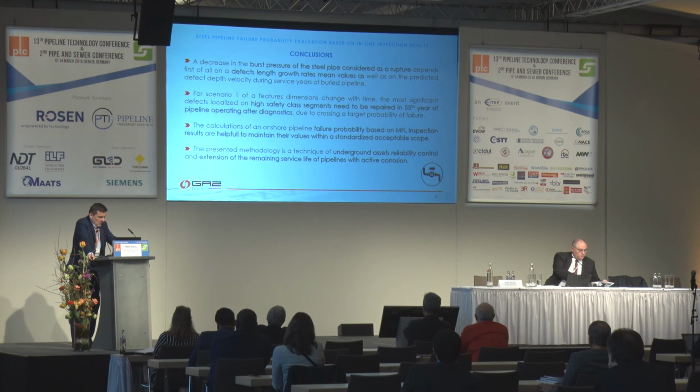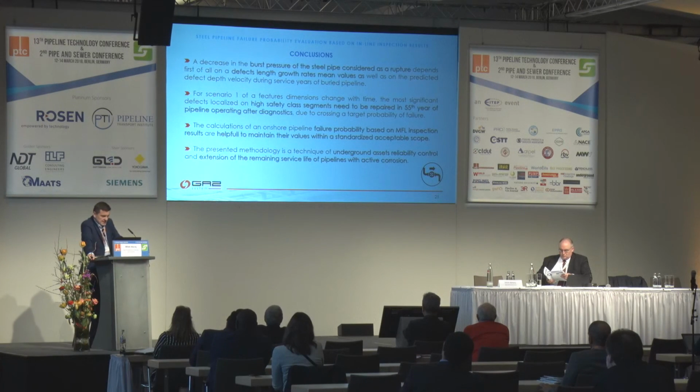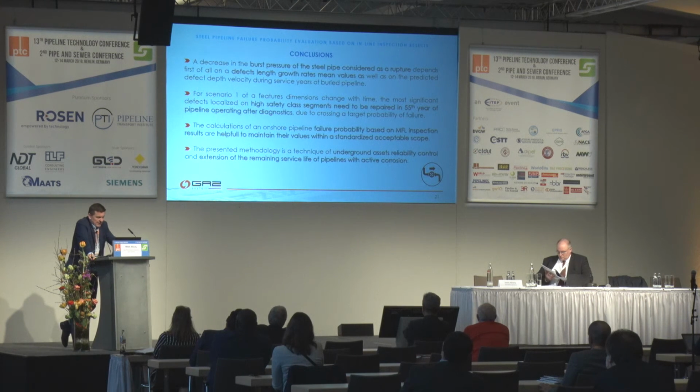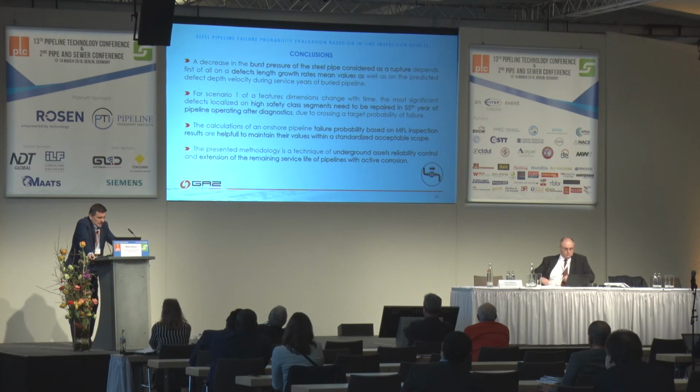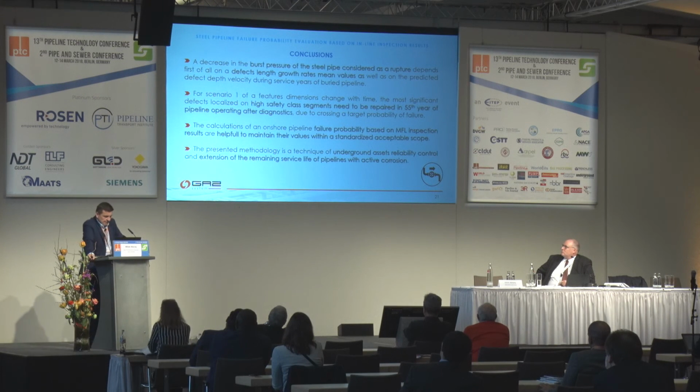For scenario 1 of the features' dimensions change with time, the most significant defects localized on high safety class segments of the pipeline need to be repaired to avoid reaching the target failure probability in case of this pipeline.